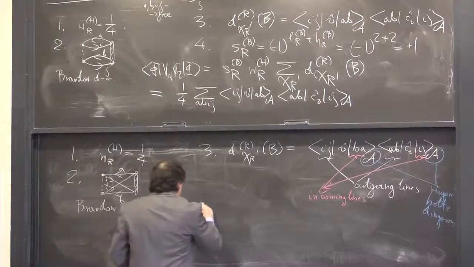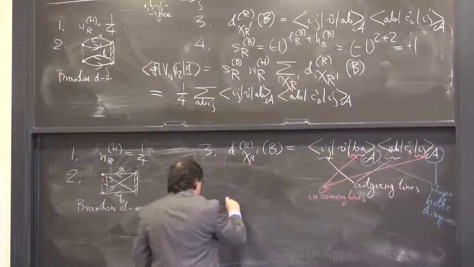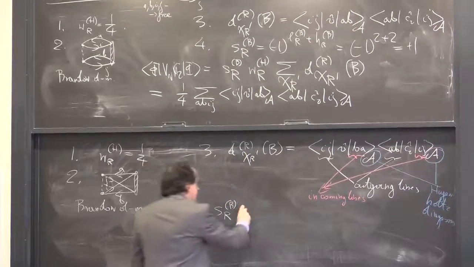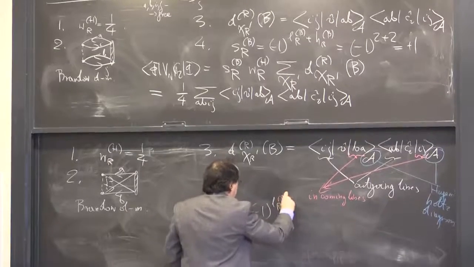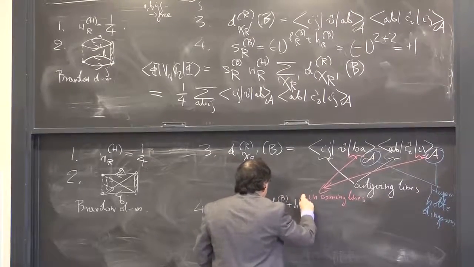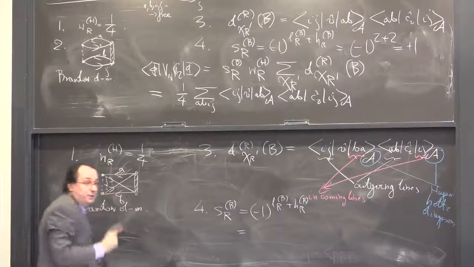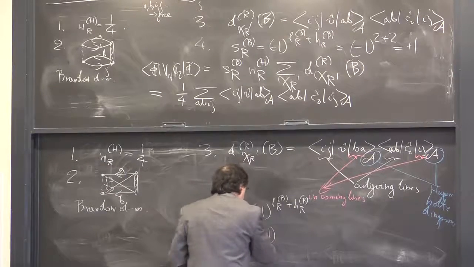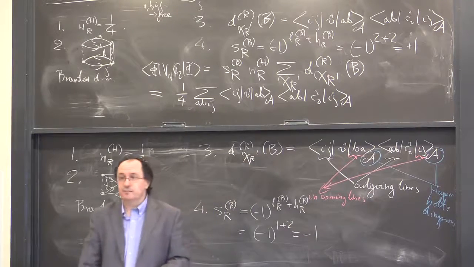And now we go to the sign. Well, the sign is the sign of the Brandow. It's going to be minus 1 to the L_RB plus H_RB. And now you look, you have one loop and 2 internal hole lines. So it's minus 1 to the 1 loop plus 2 internal hole lines, which is minus 1. So the sign is minus this time.